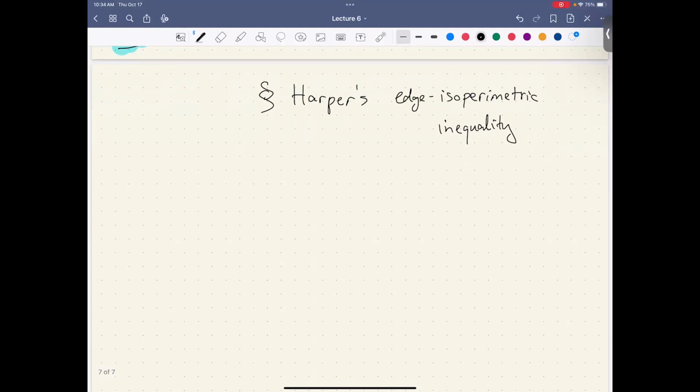Okay, to state this theorem, let me first say the tool we're going to use. It's called Han's inequality, a special case of Shearer's lemma.